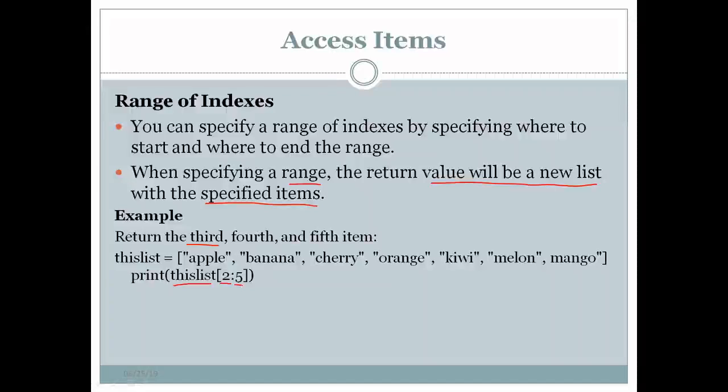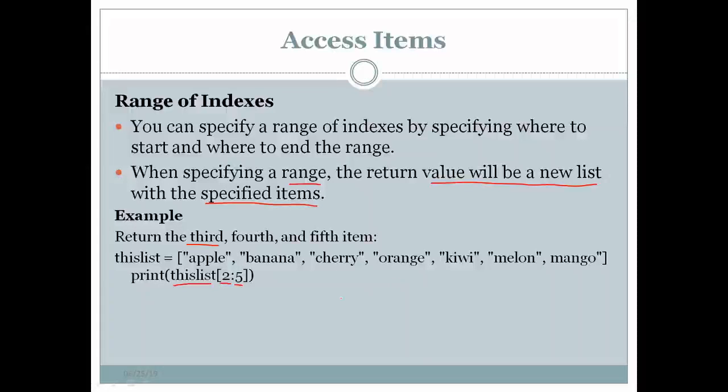So starting index 2 simply means start retrieving the items from index position 2. Index position 2 specifies the third item, that is cherry, and till the index position 5, actually it is 5 minus 1, so it will take index position up till 4.